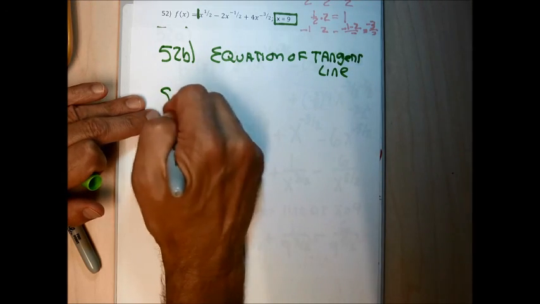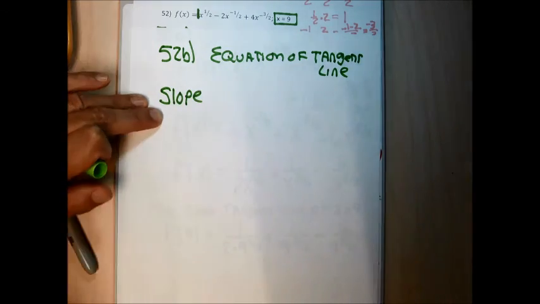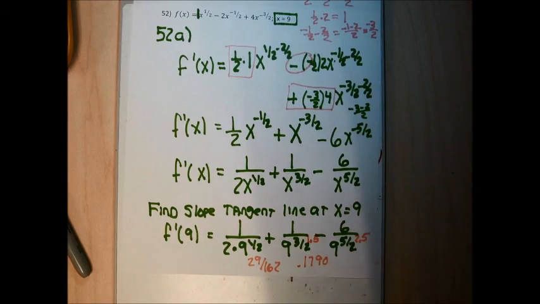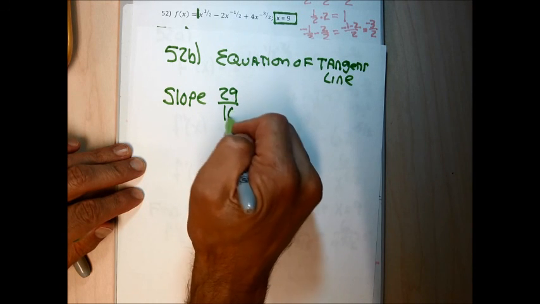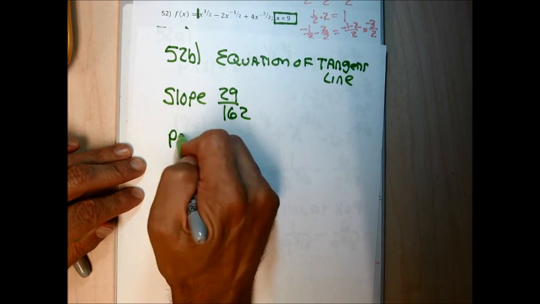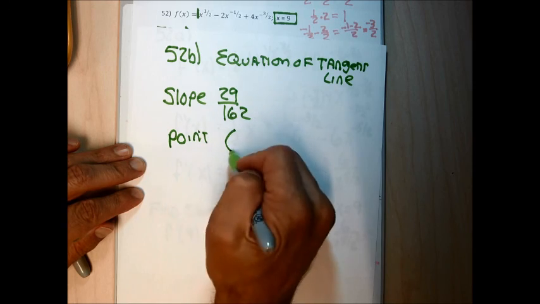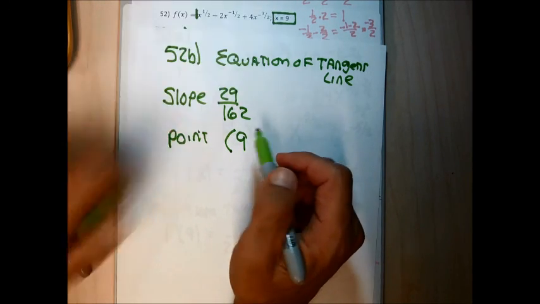So the slope is the answer that I got when I did part A, which is 29 over 162. The point I need has an x-coordinate of 9 because that's the given value.